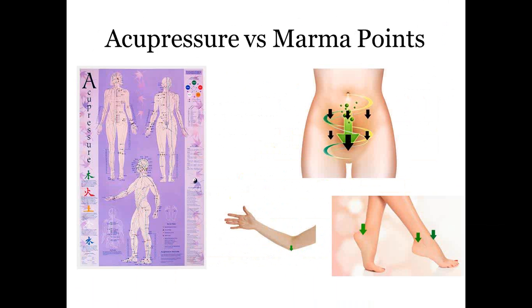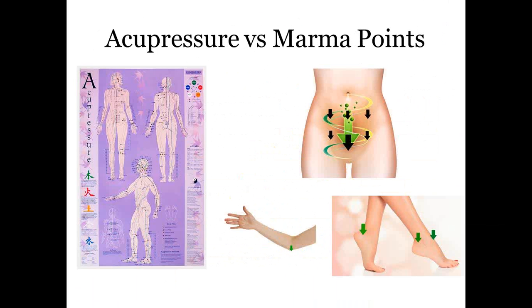And in the Ayurvedic tradition, the energy science approach talks about Marma points. These Marma points are nothing but acupressure points. There are no meridians involved in Marma therapy, but clearly acupressure points are Marma points.